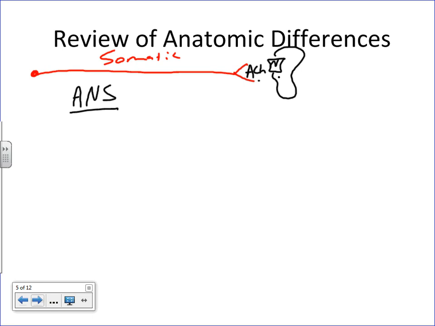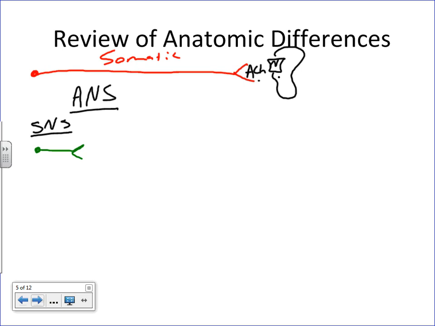So when we're taking a look at the sympathetic nervous system here, remember we've got a preganglionic neuron. And remember with the sympathetic nervous system, there are these paravertebral ganglia along the thoracolumbar regions of the vertebrae, and that form, remember, that sympathetic chain that we discussed in the previous video.